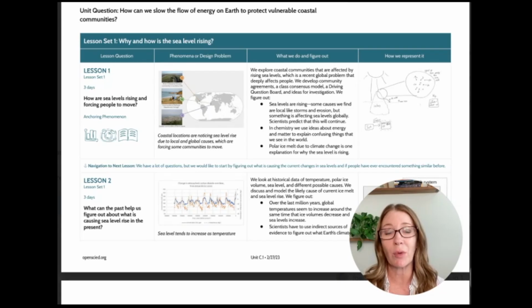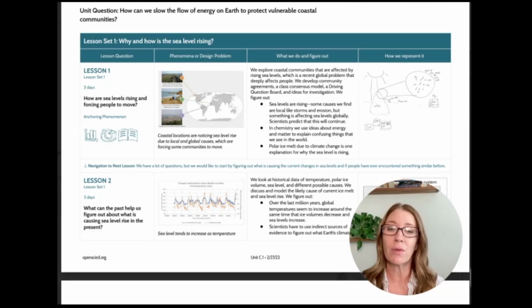We're going to look at some related phenomena, which bring into the picture some ice, sea ice and land ice, and start to guide students in the direction to think that polar ice might be the reason that sea level rise is happening.